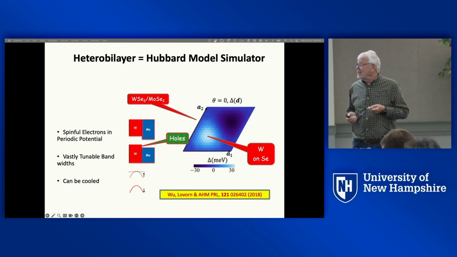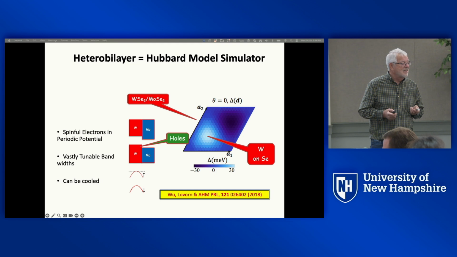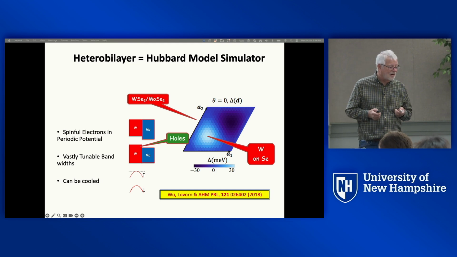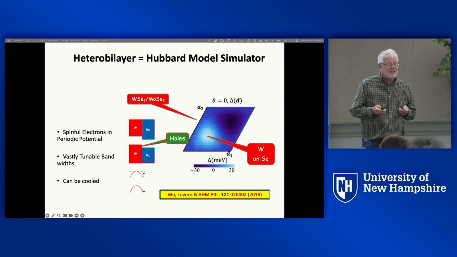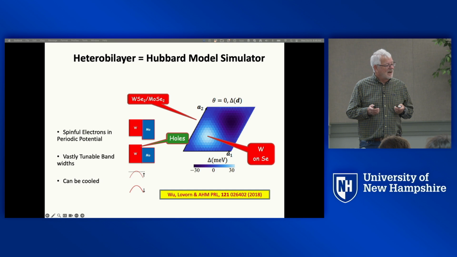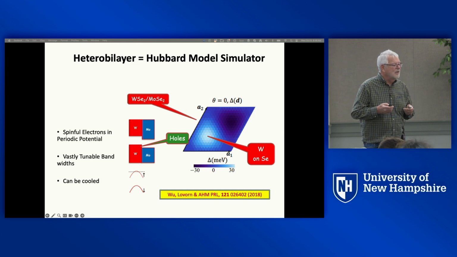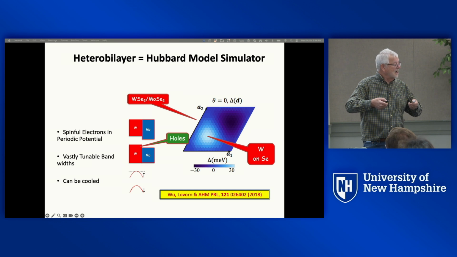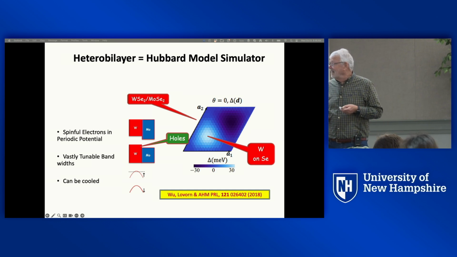And it turns out the scale of that potential is in the neighborhood of 100 millielectron volts, just a nice range that's big enough that you can tolerate quite a bit of disorder, but it's small enough compared to the atomic scales that all of this works.